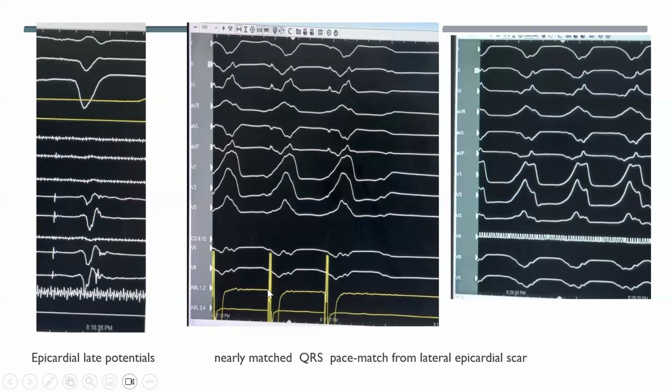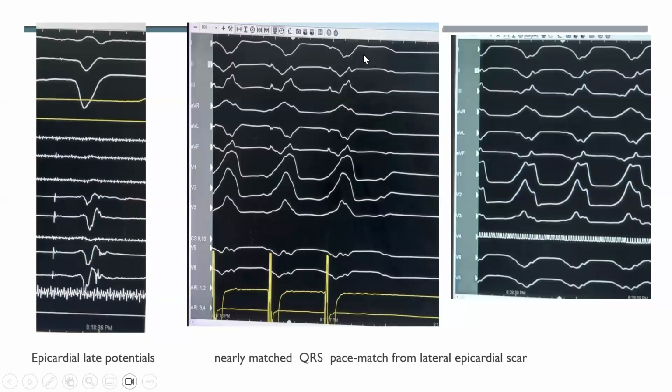And when we pace here by the ablation catheter, you can match the tachycardia. It is not a 12 of 12 match, but by the CARTO machine we get about 95 to 96% matching of the clinical VT.